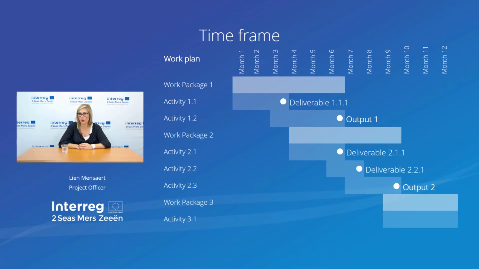So first of all, when we have a closer look at the time frame, you will see that it's very good to visualize when certain deliverables and outputs will need to be delivered. This is important to be able to propose something that is very realistic and also that makes sense when you look at the whole implementation of your project. There are a couple of things that we advise you to take into account.